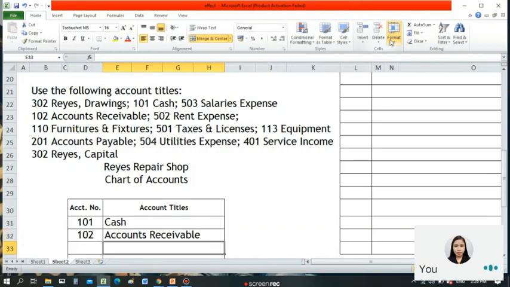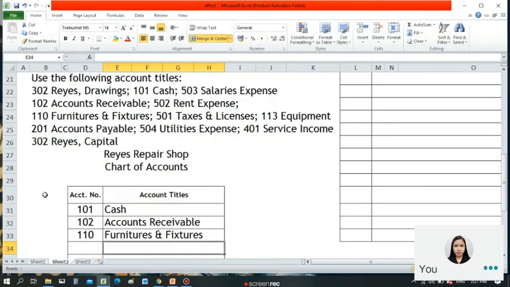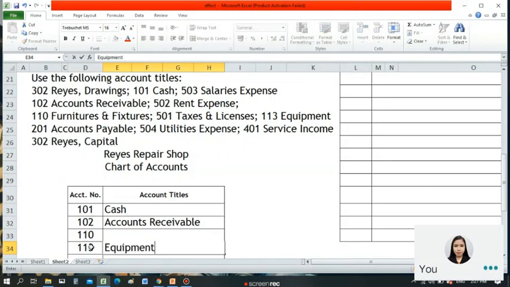Next, after the 102, we have 110, which is the furnitures and fixtures. After that, we have 113, another fixed asset, equipment. Next, we're already done with the asset.